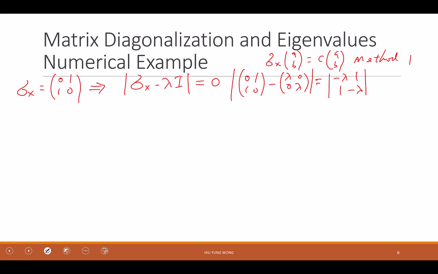Is this okay? I do matrix subtraction: 0 minus lambda, 1 minus 0, 1 minus 0, 0 minus lambda. I get this one.